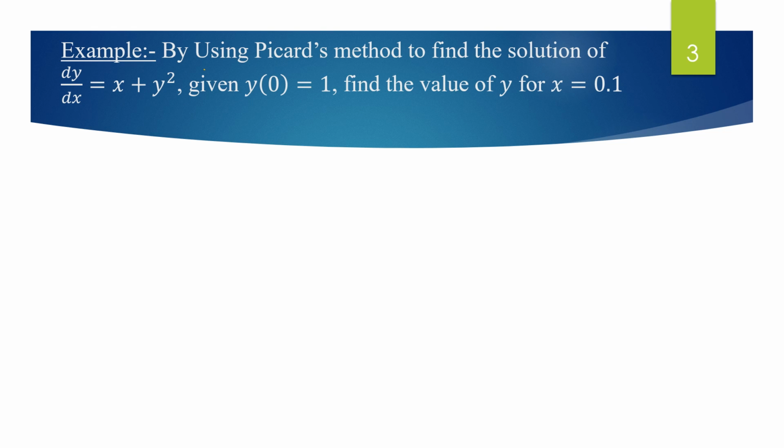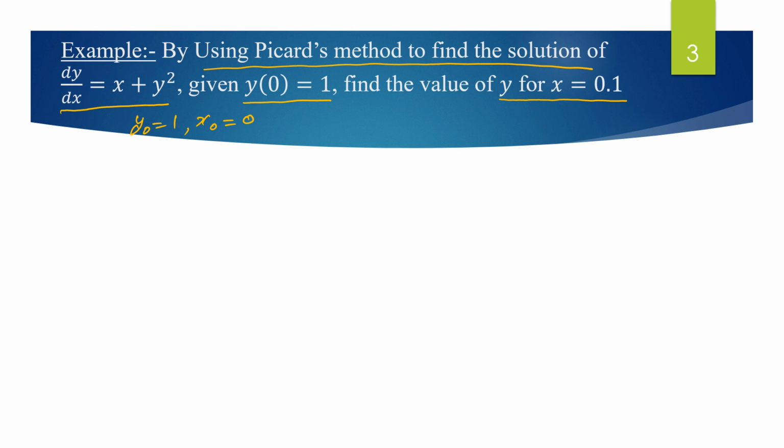Now, find the solution of dy/dx = x + y square, where the given condition is y0 = 1. Find the value of y at x = 0.1. So over here x0 is equal to 0 and y0 is equal to 1.